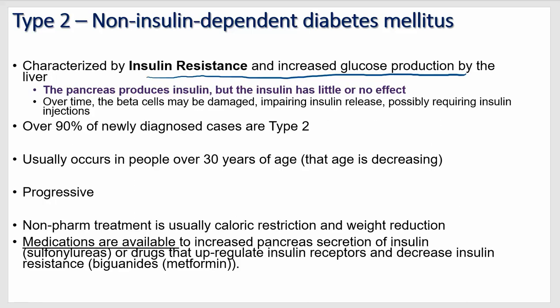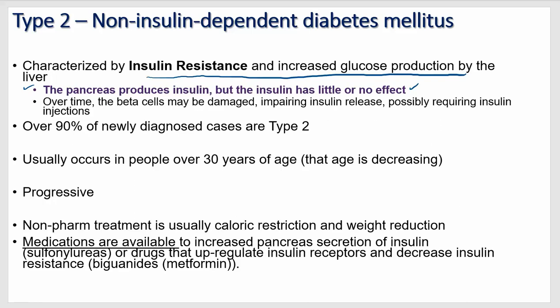The pancreas produces insulin, but the insulin has little or no effect, and that is the hallmark of what's going on with type 2 diabetes. Over time, after many years of either not being compliant or not being able to be compliant, or just the body doing it, the beta cells may be damaged, impairing insulin release, possibly requiring insulin injections.